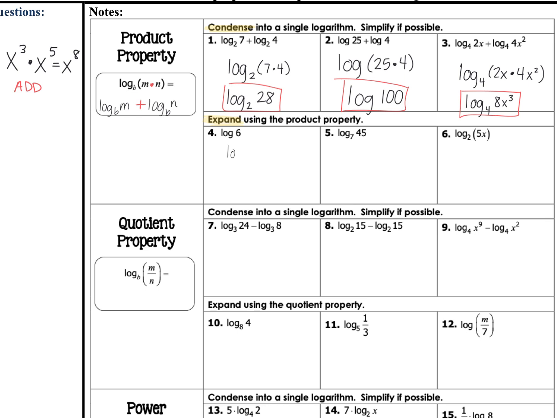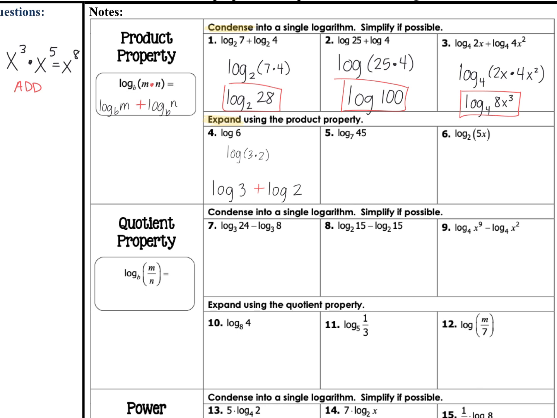So we can rewrite this as 3 times 2, and normally I'll give it to you, but you can also make it up if it's not given to you. So 3 times 2, which then we would space out or expand by putting a plus sign between them, and it would be, this is base 10, so log 3 plus log 2. You could also have done log 1 and log 6.